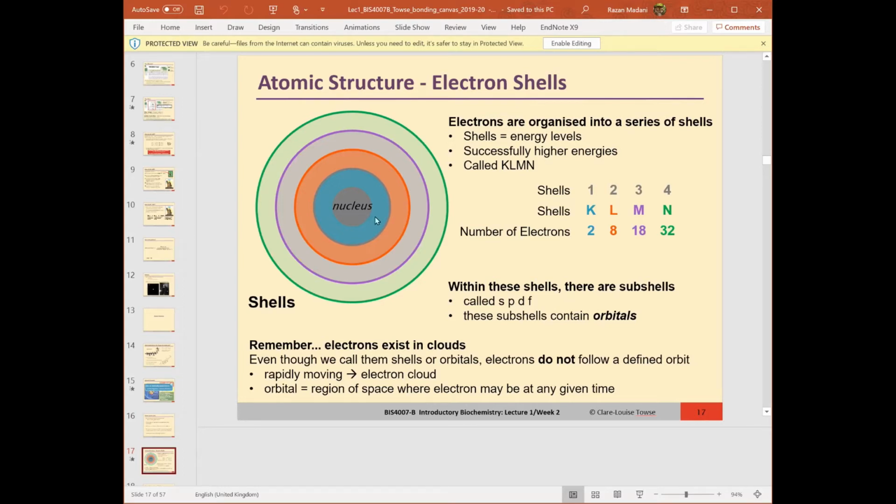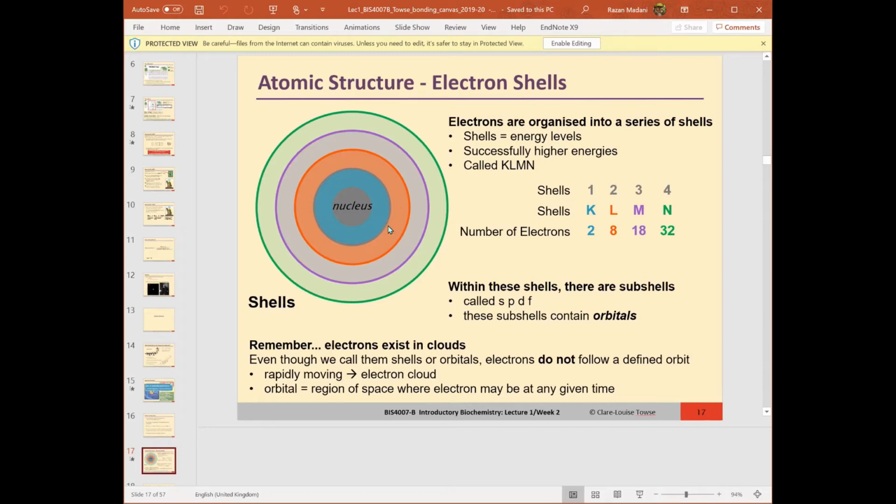Basically, shell 1 will always have a capacity of 2. Okay. And the second one is 8, the third one is 18, the fourth one is 32. Okay. Is that obvious for you guys? It makes sense. Yeah, it makes sense to me.